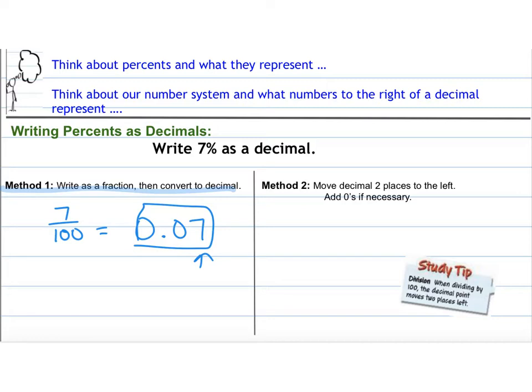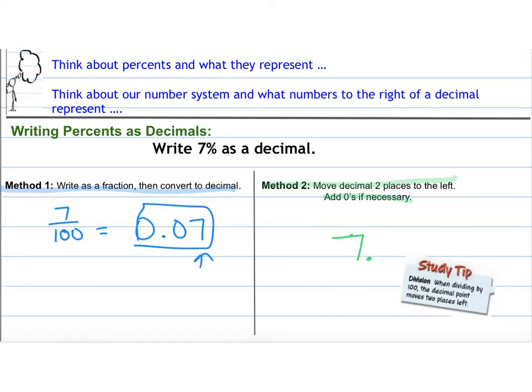That's the first method. The other method to write down here, move the decimal 2 places to the left. Add zeros if necessary. So basically what we're doing, 7 over 100, that's like doing division and dividing by 100, which is the same as moving the decimal 2 places to the left.